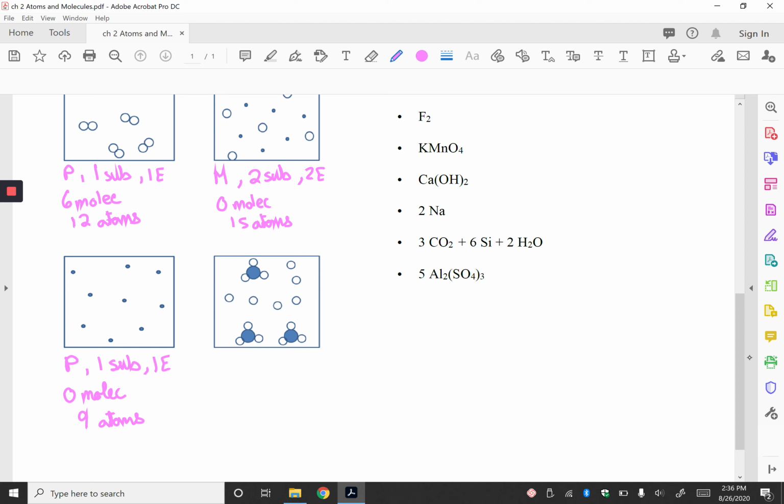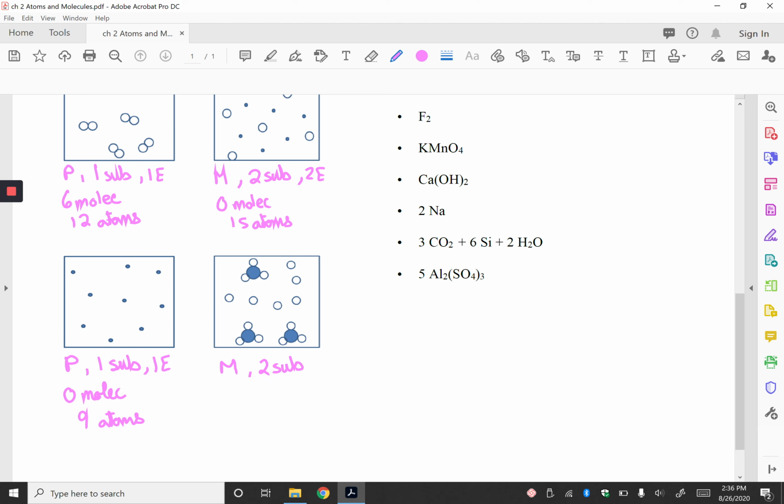Okay, let's look at this diagram. As I look, I see this whole unit is one thing, and then there's these little ones. So that looks to me like a mixture. How many substances are in this mixture? Well, this and this and this look like one substance, and then all of these look like another substance, so it looks like 2 substances.